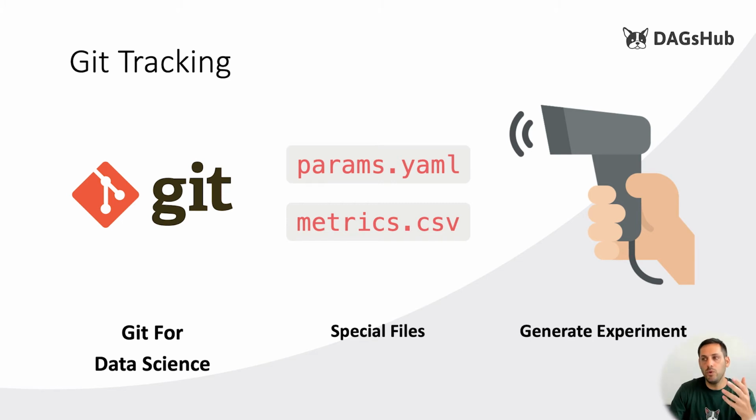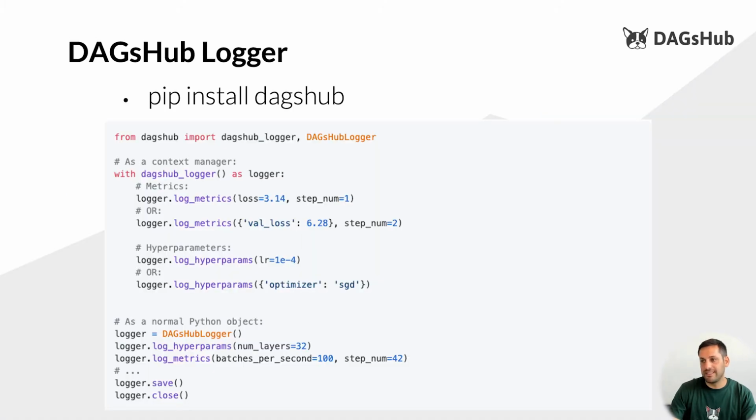And to help you do exactly that, we created the DagsHub Logger. And what is the DagsHub Logger? Basically, the DagsHub Logger is a simple Python logger that we created, with additional methods on top of it, to log your information to those special files, which are not that special, they only have a special name.